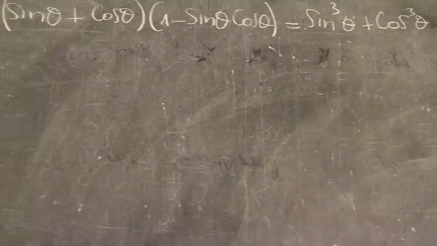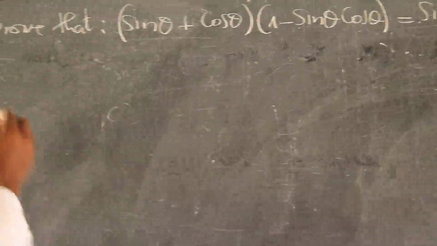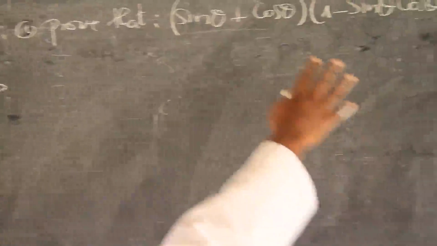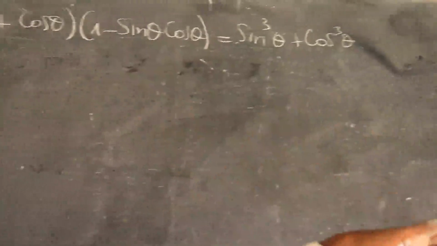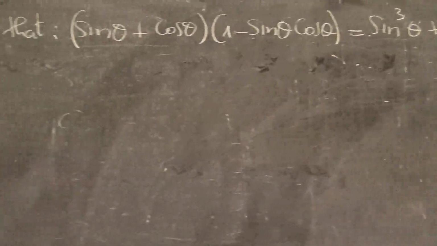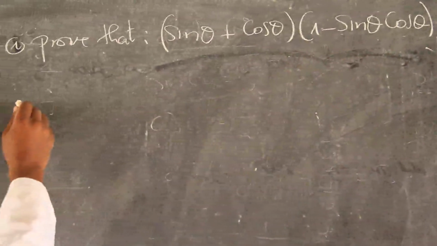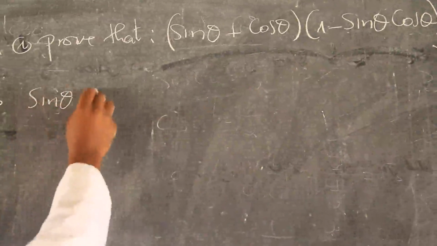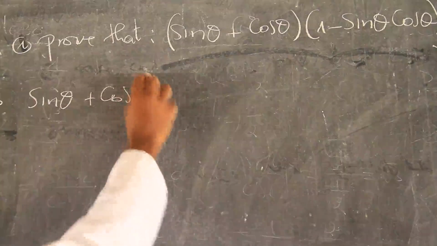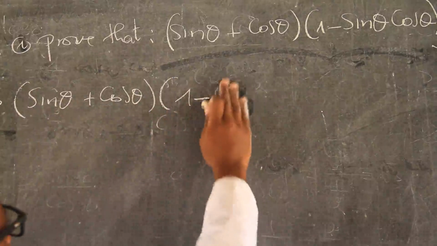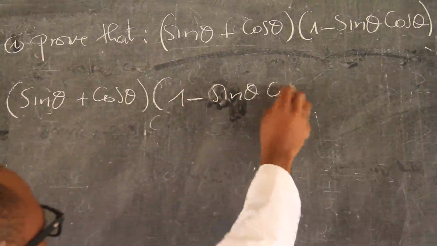Alright. So once you are going to prove, you can begin by the left hand side or right hand side. So for me, I'm going to begin here. So sine angle plus cosine angle times 1 minus sine angle cosine angle.